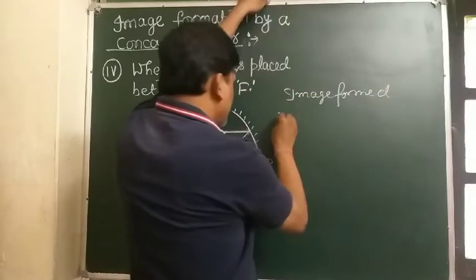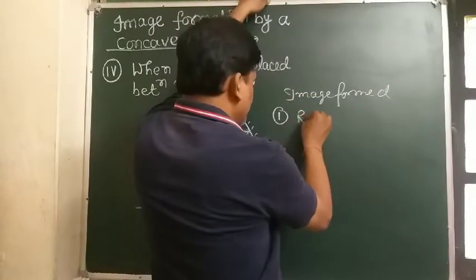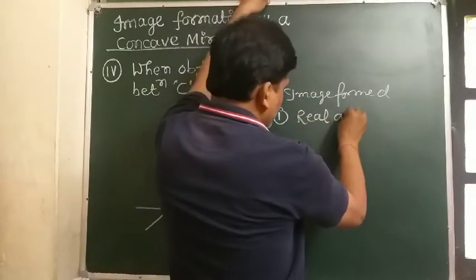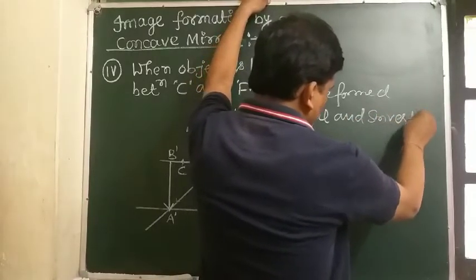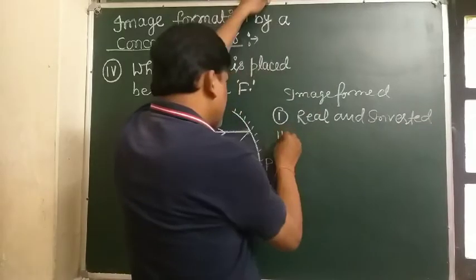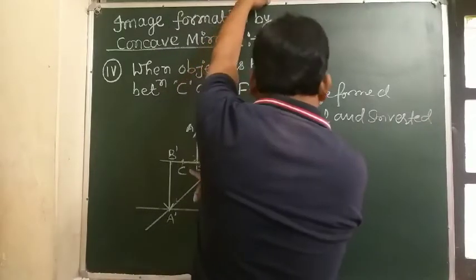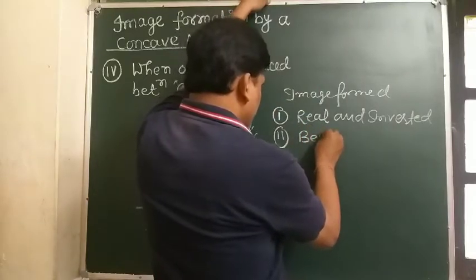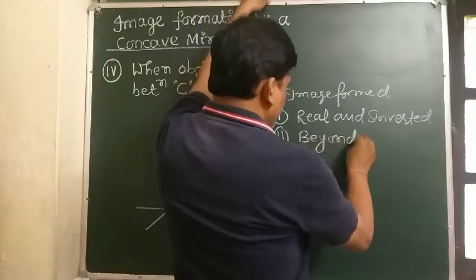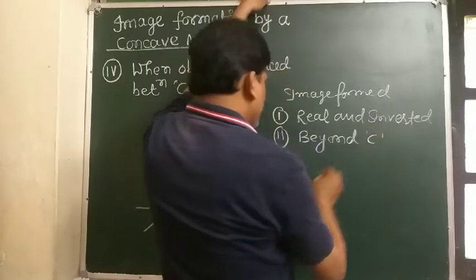So the image formed is, first, real and inverted. Second, it is formed beyond C, beyond the center of curvature.